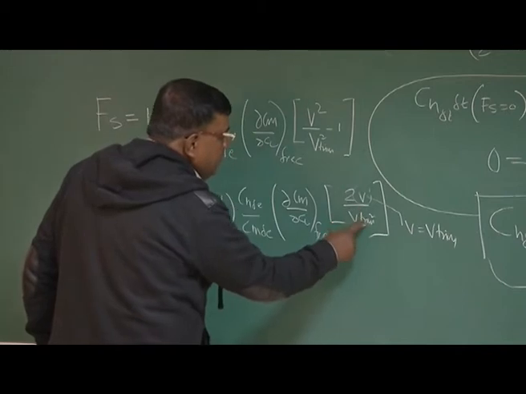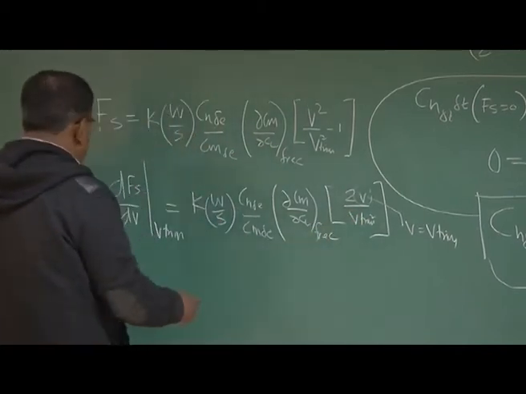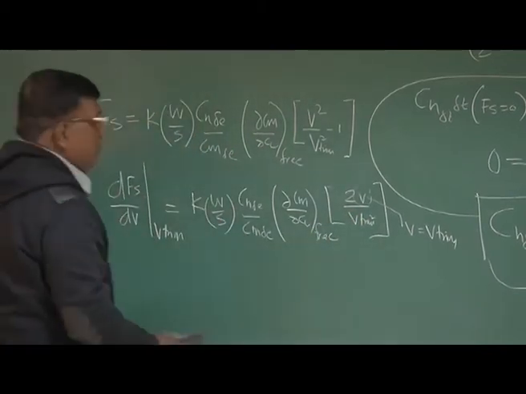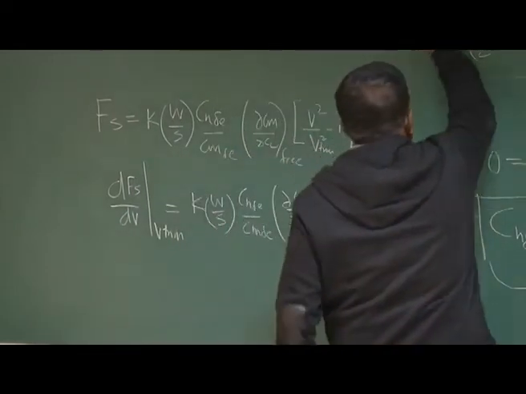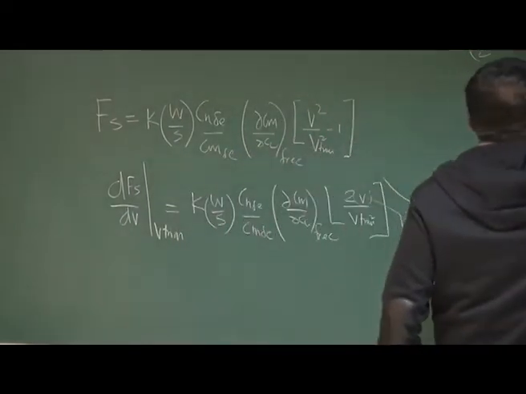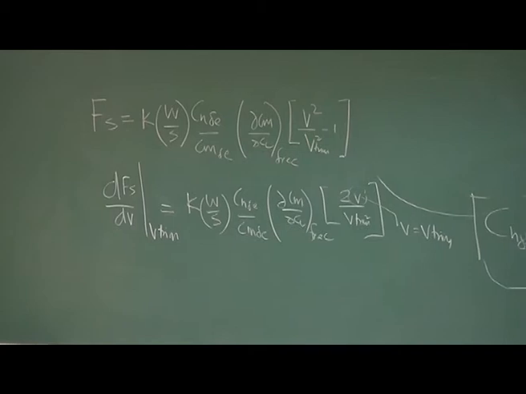Then V trim and V trim square, one V trim will be there, and you will get an expression for dFs by dV at V trim, which I am going to write now.